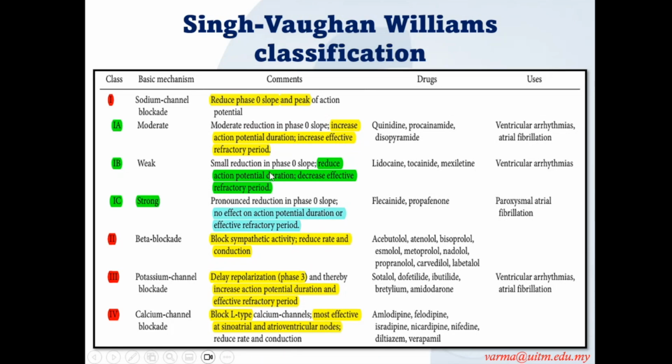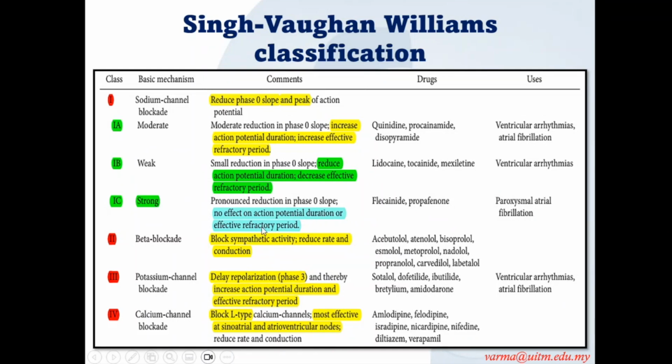Okay, but there are significant differences between 1A, 1B and 1C in their effect on the refractory period. Class 1A increases action potential duration and effective refractory period. They increase the duration of the refractory period. It gets prolonged. Whereas 1B reduces the refractory period and 1C does not have any effect on the refractory period.